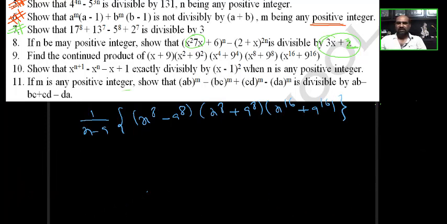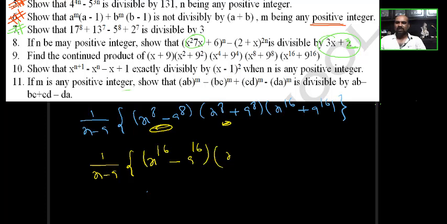Listen. Again 1 by x minus 9 into, observe these two again, a minus b, a plus b form. x power 8 whole square is x power 16 minus 9 power 16, into x power 16 plus 9 power 16. Again these two brackets are in the form of x minus a into x plus a, x square minus a square, just like x minus y into x plus y.